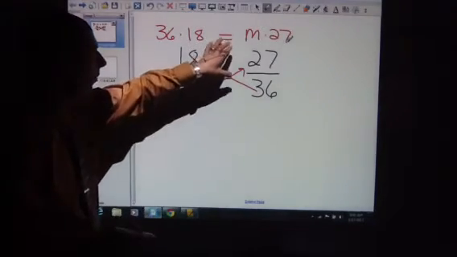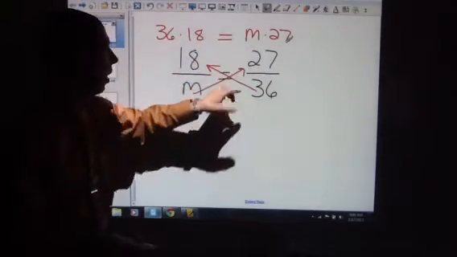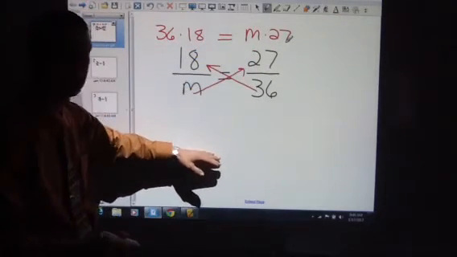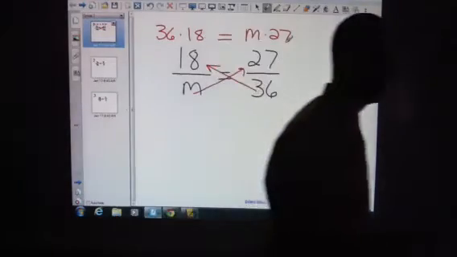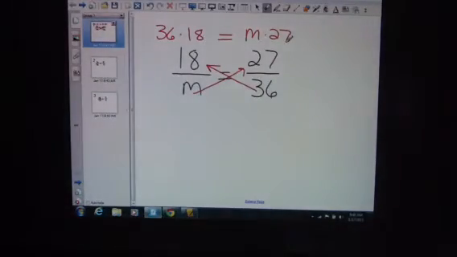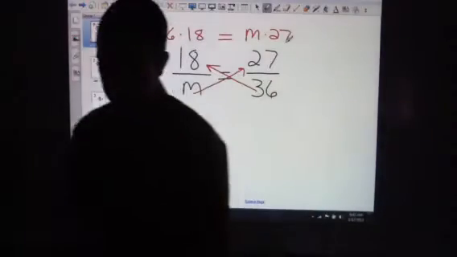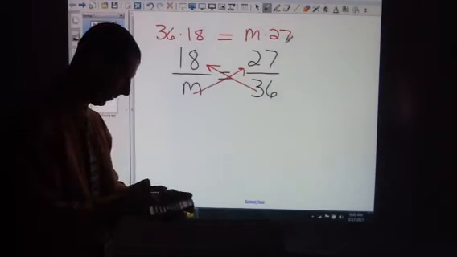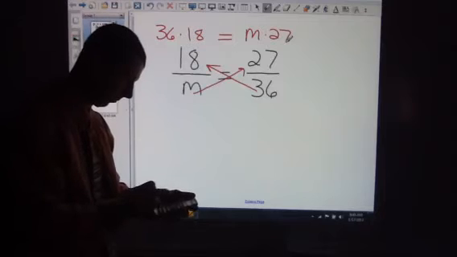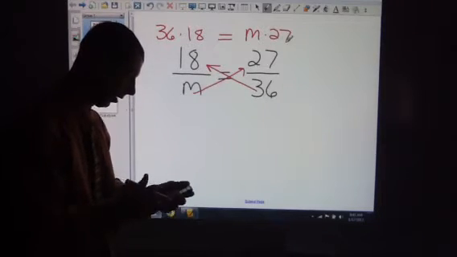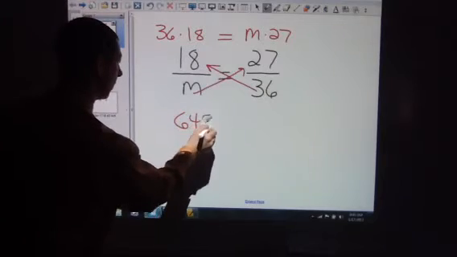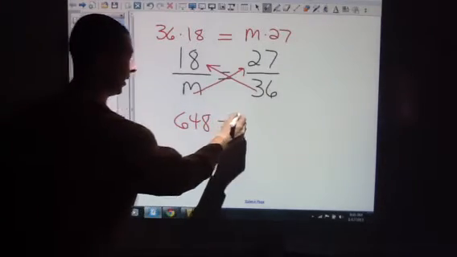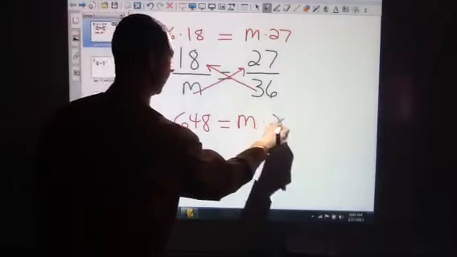What I'll do is make students take this now and move it down below and then carry out the steps of solving an equation. I'm going to grab a calculator. On this problem, if we take 36 times 18, that's 648. So we put 648 down here equals m times 27.